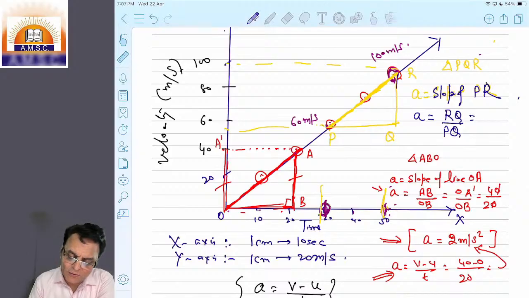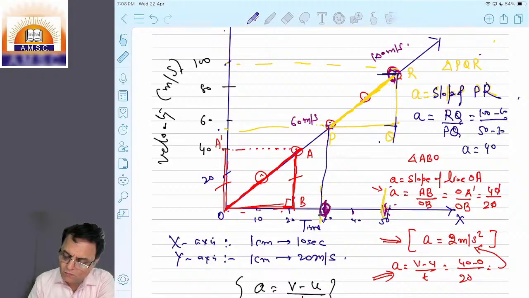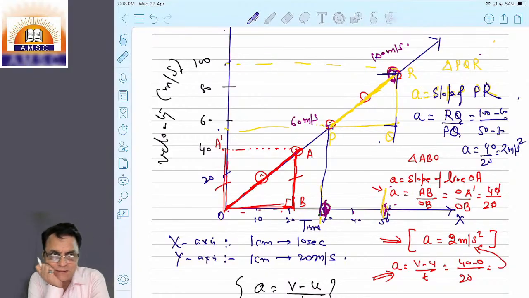What is RQ? The value of R is 100, and the value of Q is 60. The value of P is 30 and at Q it is 50. So 50 minus 30, acceleration again comes out to be 40 by 20. It comes out to be 2 meter per second square. Is it clear to everyone?